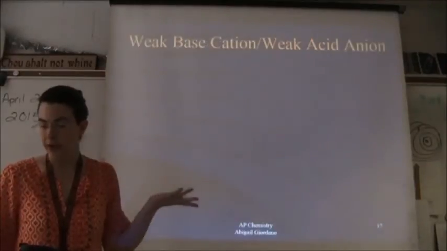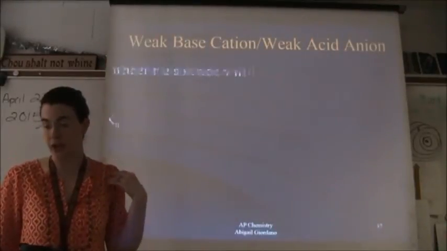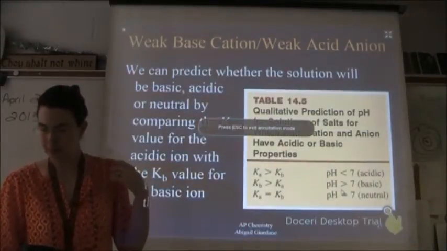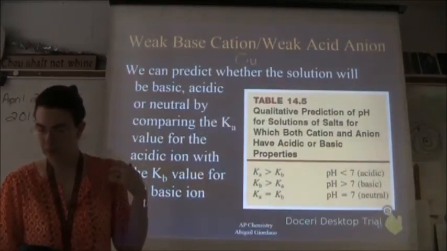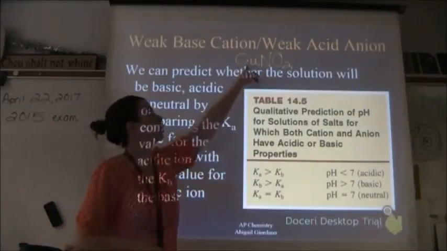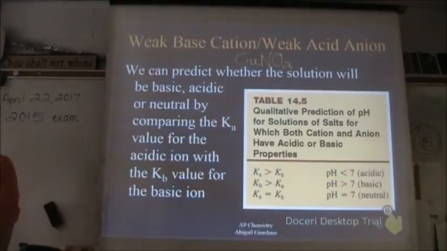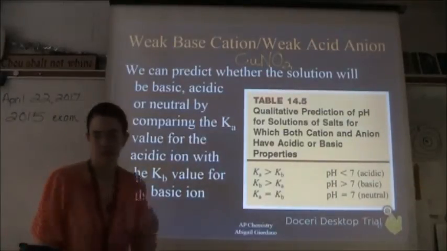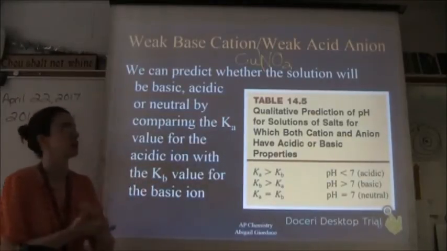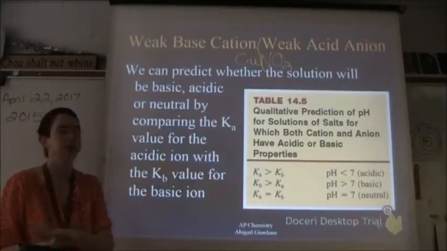Okay? So how do you handle that situation? Well, let me give you an example. How about you have that salt, copper 1 nitrite. And I ask you, is this acidic, neutral, or basic?